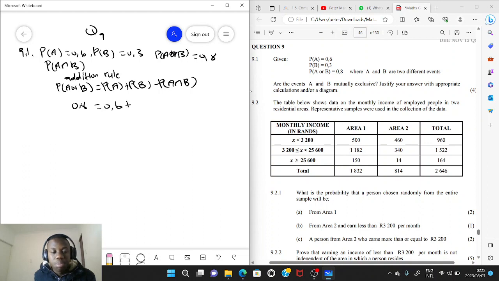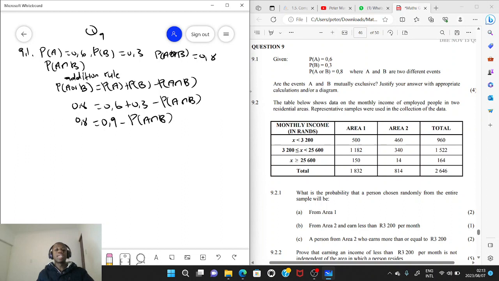For the probability of B, I have 0.3, minus the probability of A and B, since it's not given. Now we consider the like terms. On the right hand side, I will say 0.6 plus 0.3, which is 0.9, minus the probability of A and B.